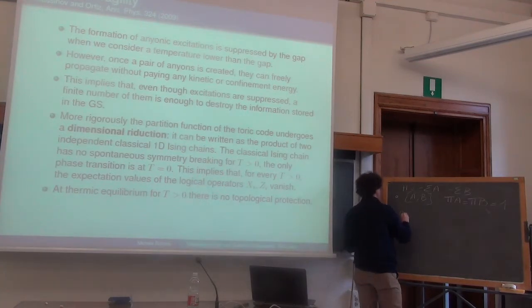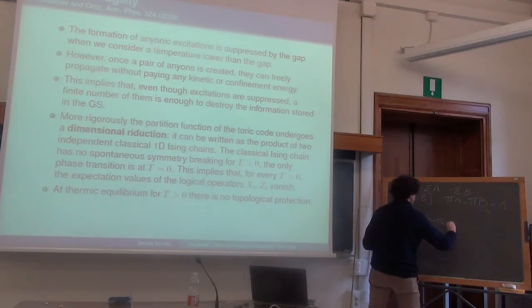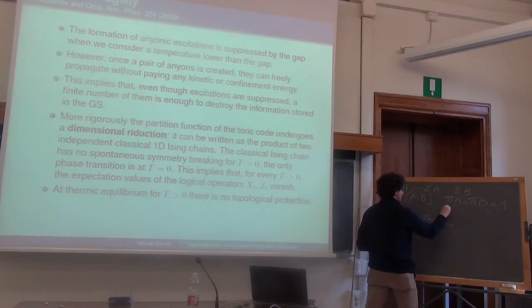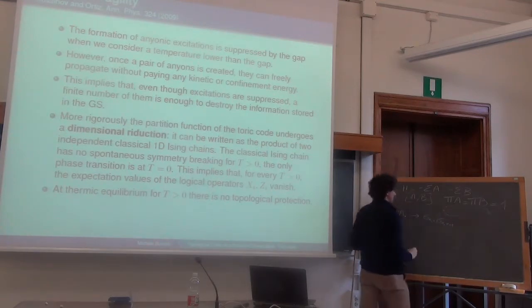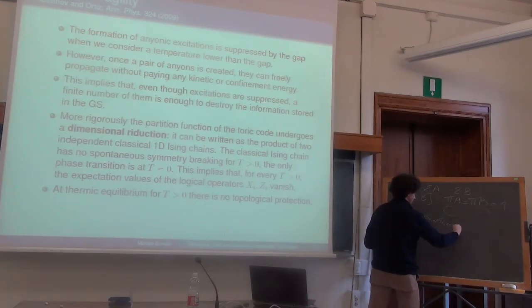Essentially, I can consider A on a certain vertex as mapped in a term which is, let's say, sigma x in vertex, sigma x in this vertex plus 1, belonging to a first periodic chain of the Ising kind, and therefore I have this as 1, the first chain.